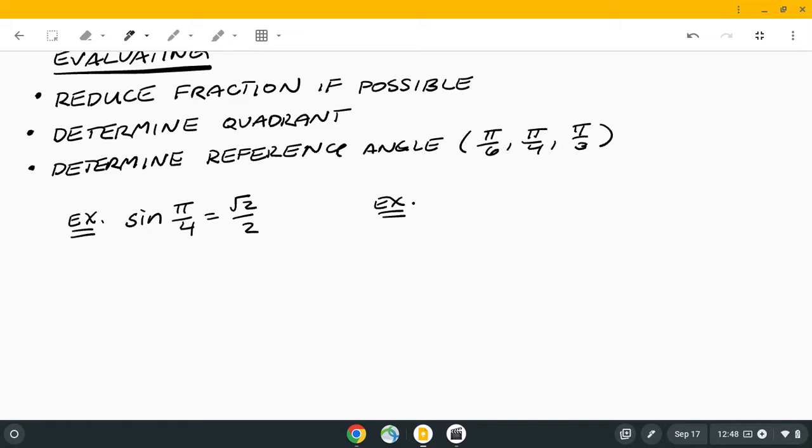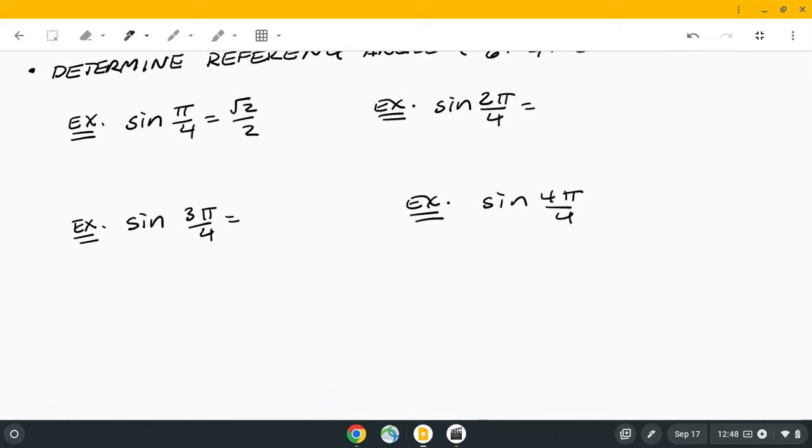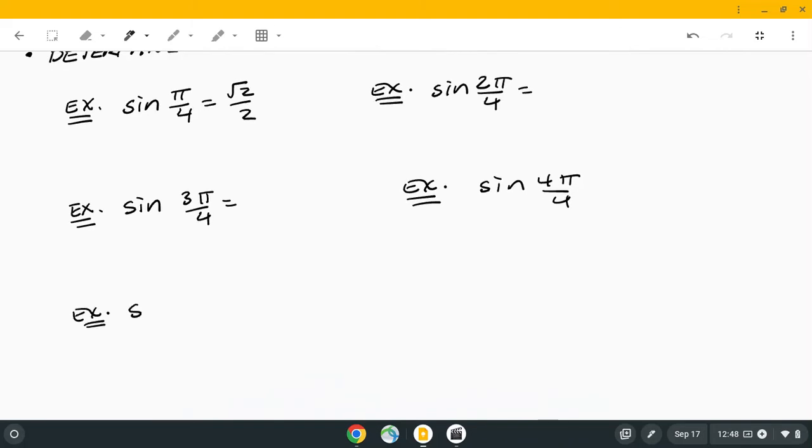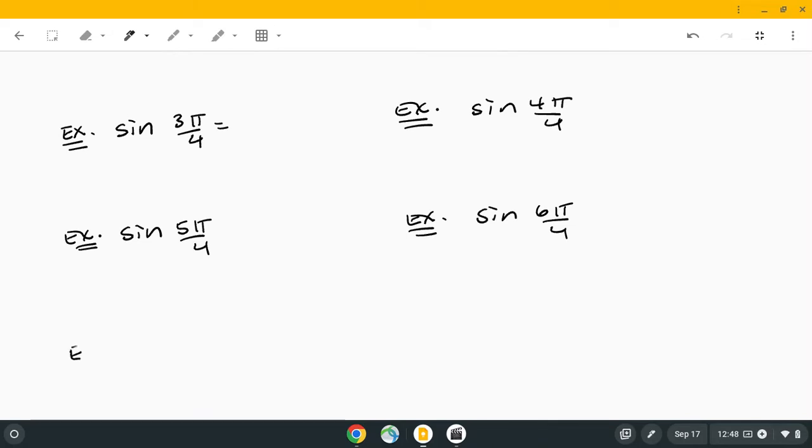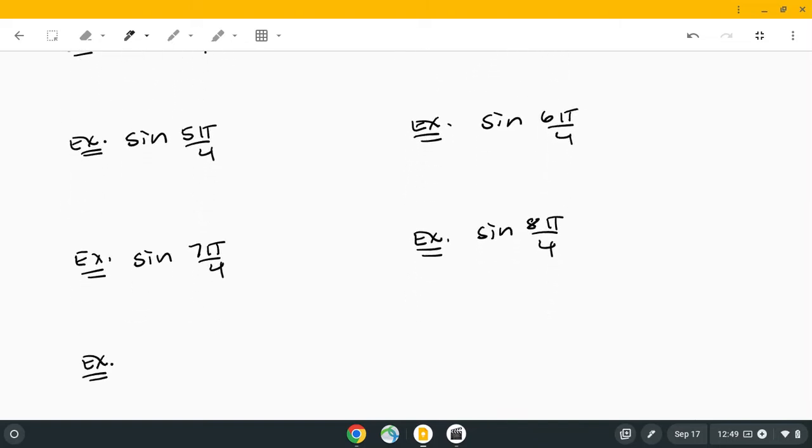So 1/4, 2/4, 3/4, 4/4, 5/4. Sine of 2 pi over 4, we'll take a look at that, and then sine of 3 pi over 4, then 4 pi over 4, 5 pi over 4, 6 pi over 4, 7 pi over 4, 8 pi over 4, and then we'll end with 9 pi over 4, and then hopefully you'll get the point.